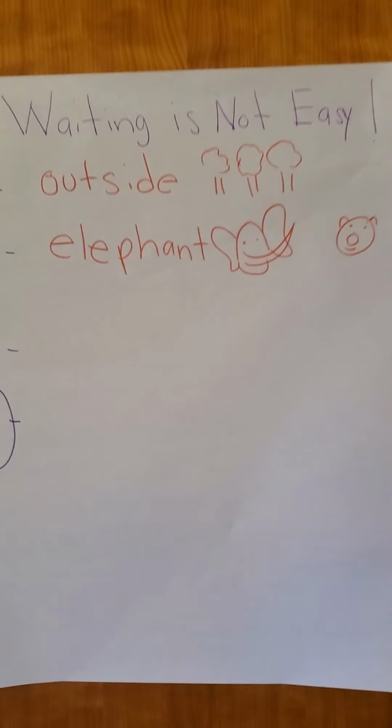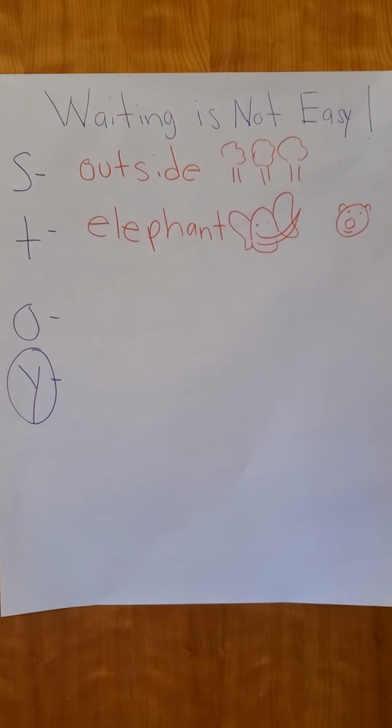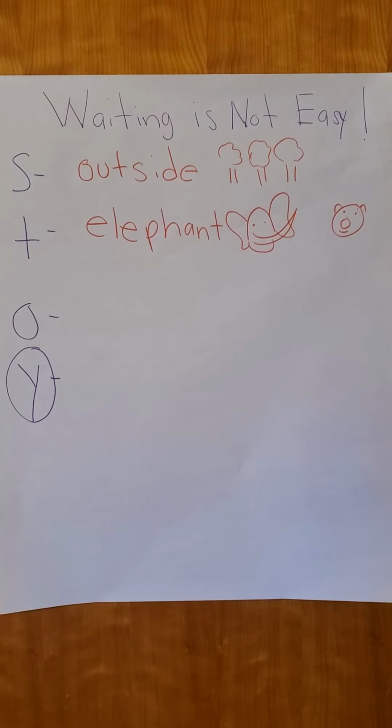So there were two talking characters, the elephant and the pig. Now I have to put in the oops. What did the character want and what couldn't he have?